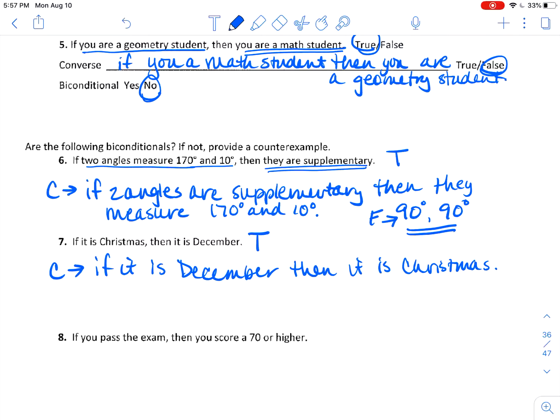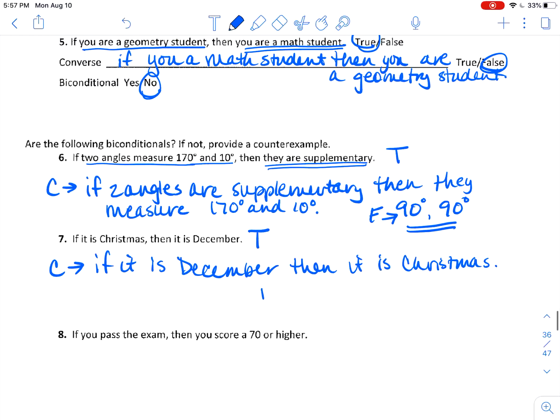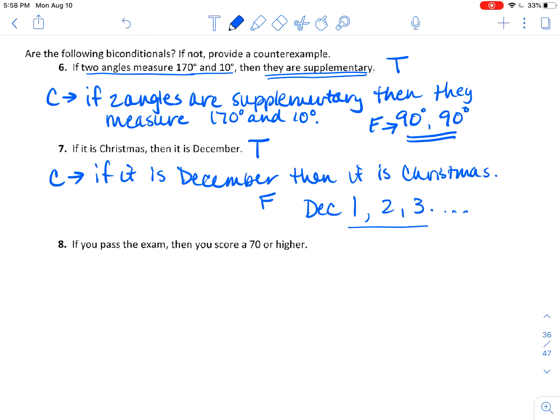Well, as much as we love Christmas, it doesn't have to be. It could be December 2nd. This guy is false. And here is December 1st, December 2nd, December 3rd. You could list all the other days in December that are not Christmas. This is my counterexample.